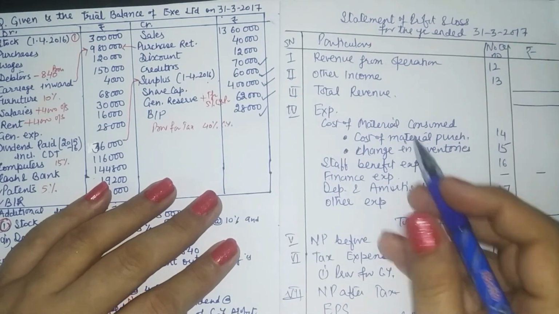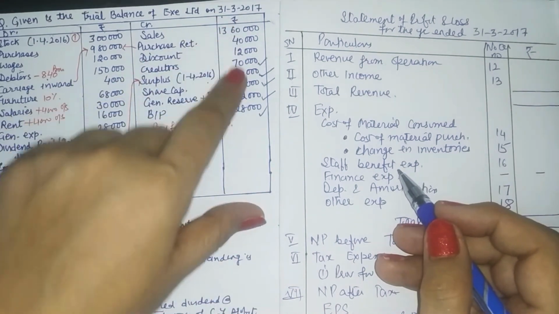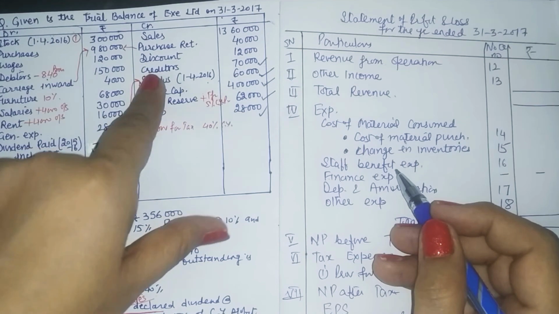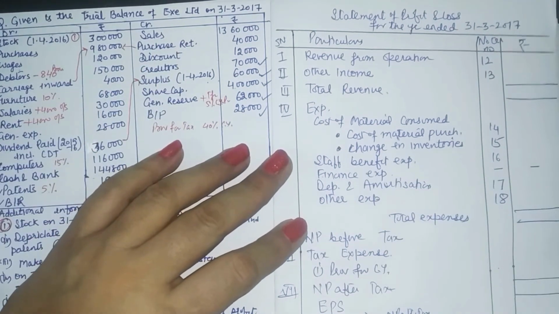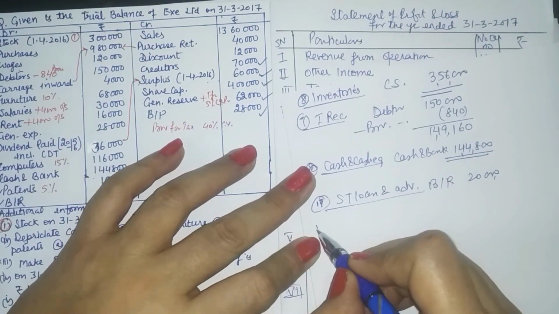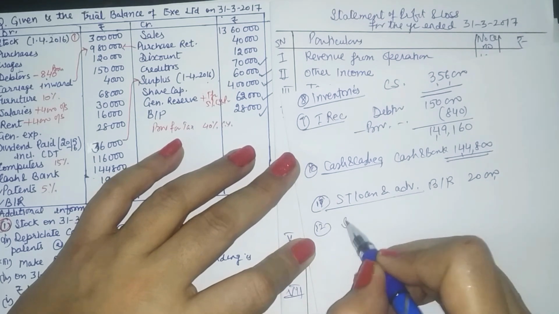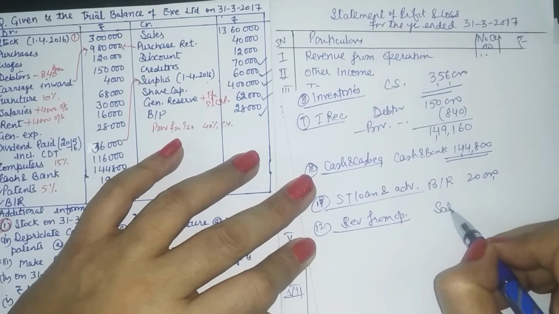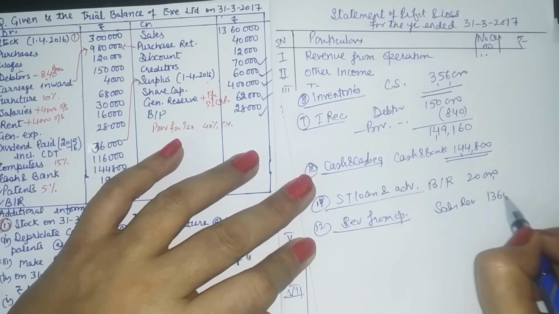Now, revenue from operations. When I look here, I have only three things: sales, purchase return and discount. So sales is your revenue from operations. That includes sales revenue 13,60,000.